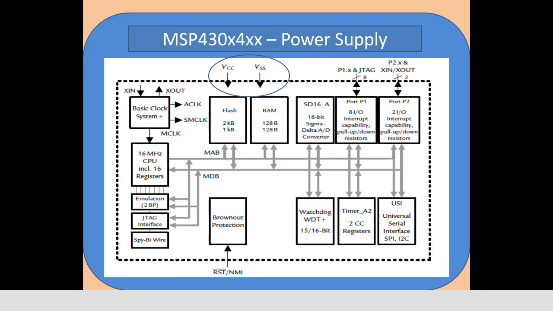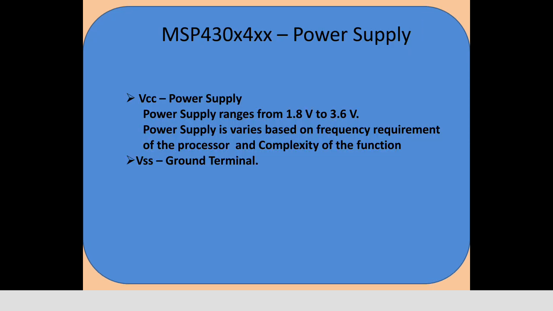First we can see the power supply. Here we have two terminals, VCC and VSS. VCC is for power supply, VSS for the ground terminal. The power supply range we give here is 1.8 volts to 3.6 volts.